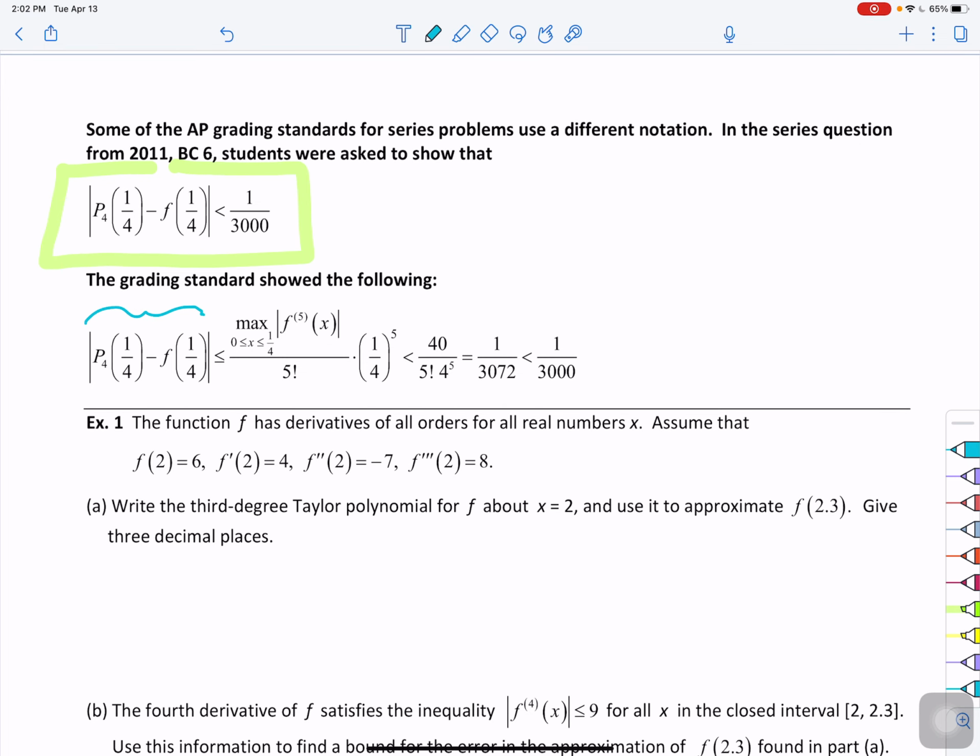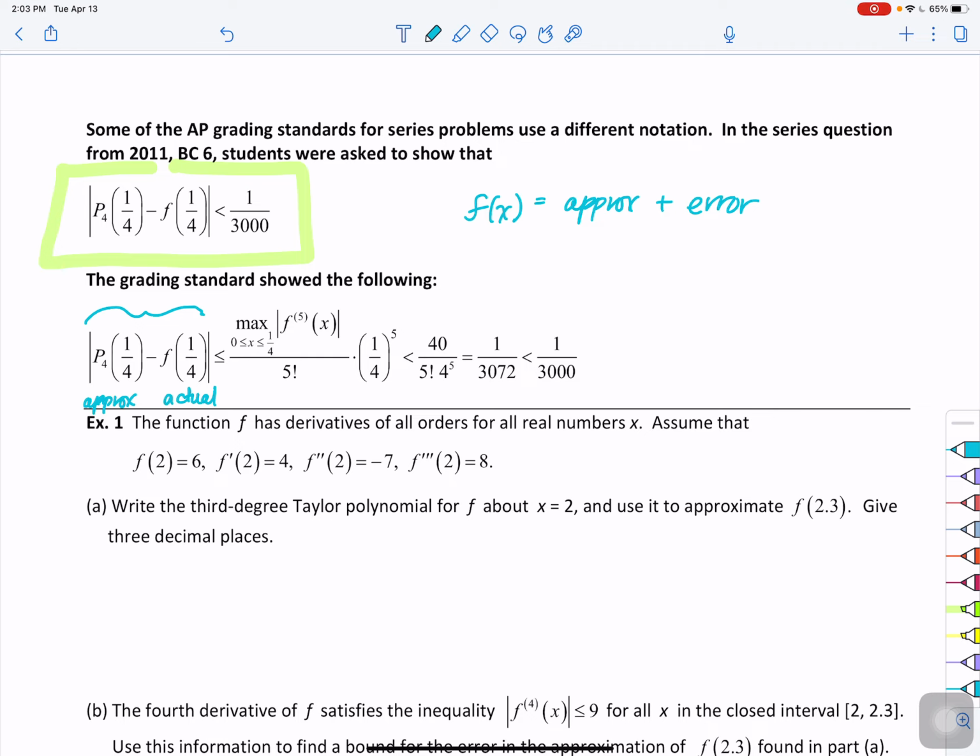So if you have right here the actual value equals your approximation plus some error, okay, then, and that's what this is: the actual, and this is our approximation, okay? And you could say you stopped at whatever n was.